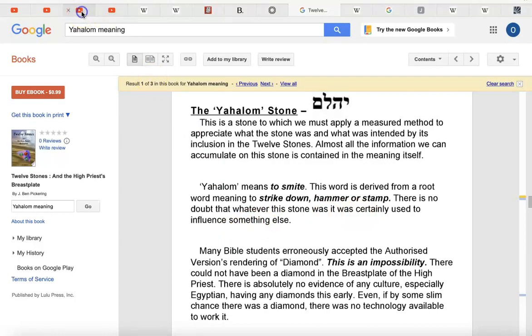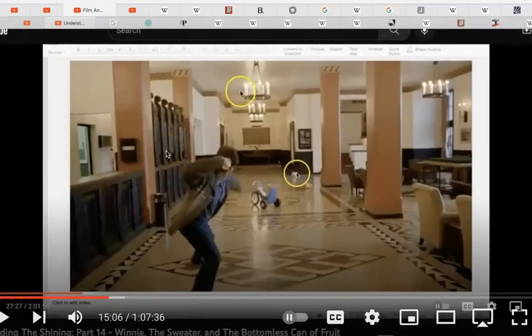So, let me go back. Now, I considered putting up the picture of Jack Torrance smiting Dick Halloran in this room, in this location, exactly where this pillar is, where he falls dead in this circle, and then there's the Z's, the diamonds on the wall back here, the diamonds on the floor, there's one on the floor here, and then there's one closer to the foreground here, and that's exactly what Jack does to Halloran.